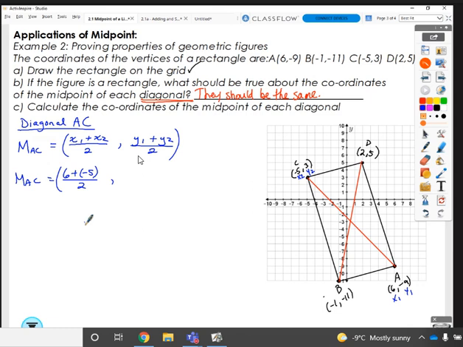Okay. We got -9 for y1 plus 3 divided by 2. So we should get something like 6 plus -5 is +1 over 2, and then -6 over 2.